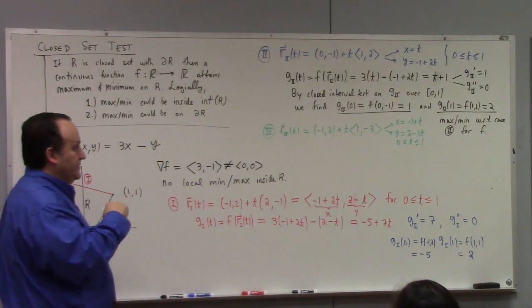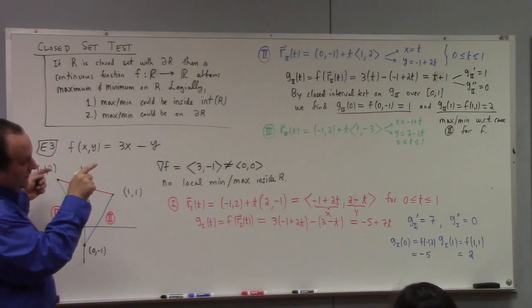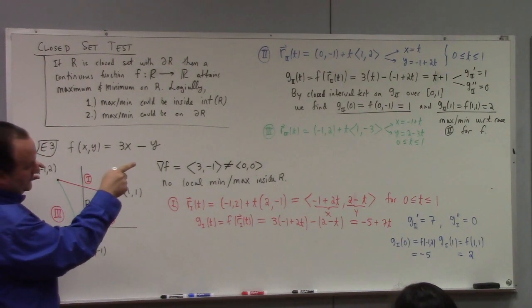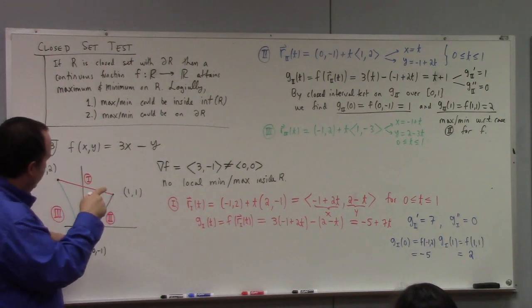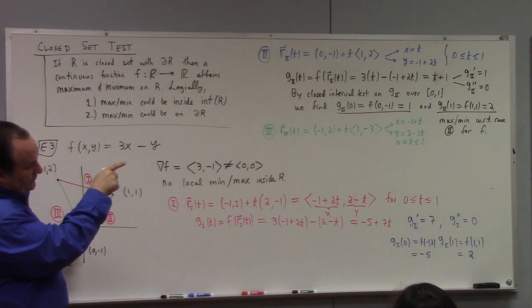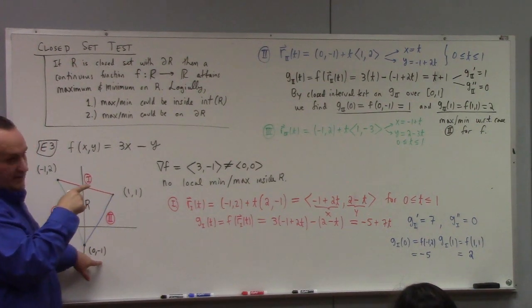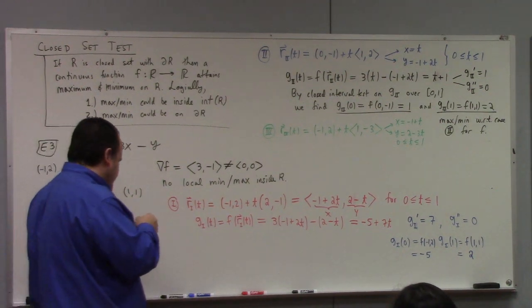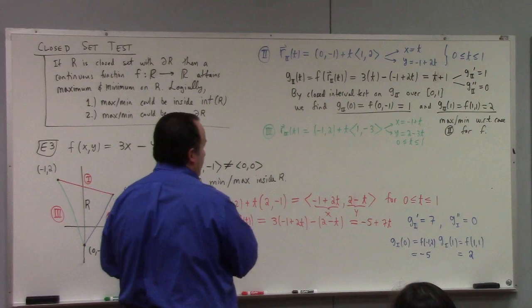Does that check? Let's check. T equals 0, I get minus 1, 2, which was here. If I put t equals 1, I get minus 1 plus 1, which is 0 for x, and 2 minus 3, which is minus 1 for y. Good, it checks. Those parametric formulas for my green line segment do indeed check.